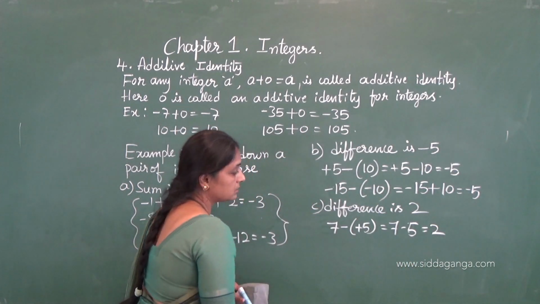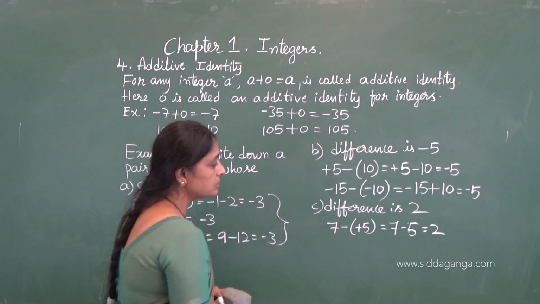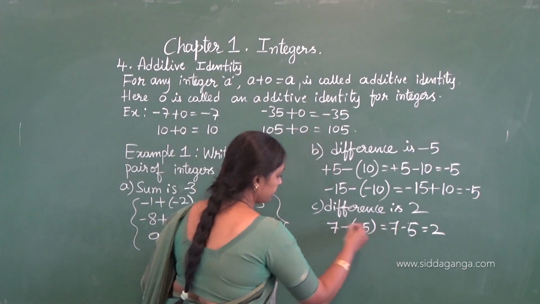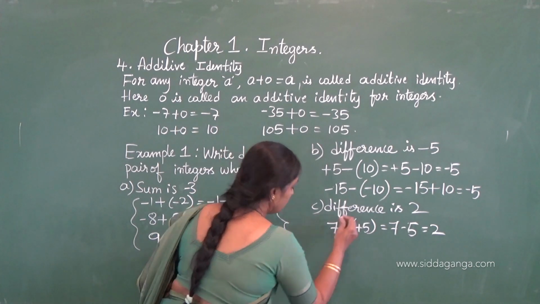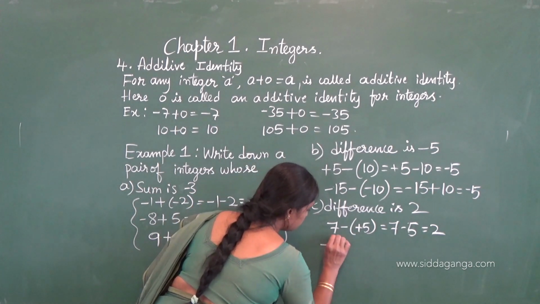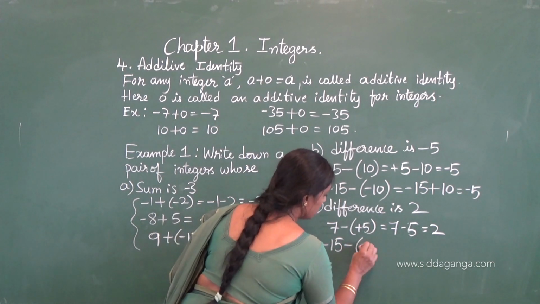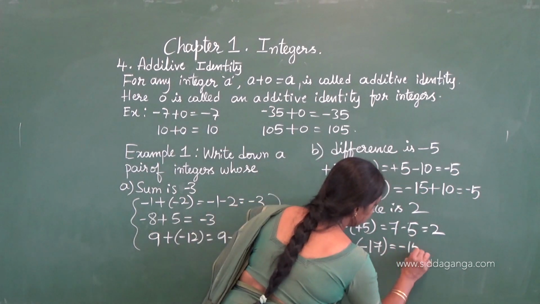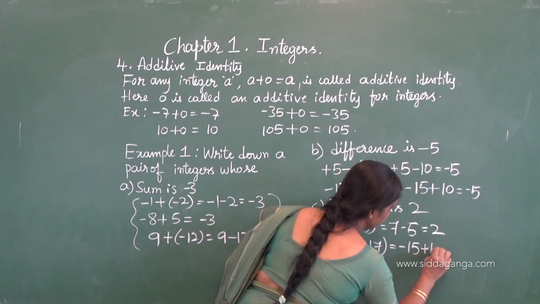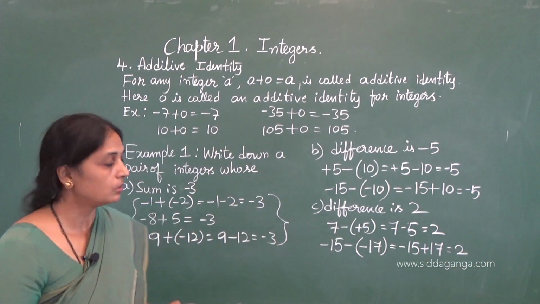Then what else can we take? Minus 15 minus of minus 17, then minus into minus is plus 17, we get 2 here.